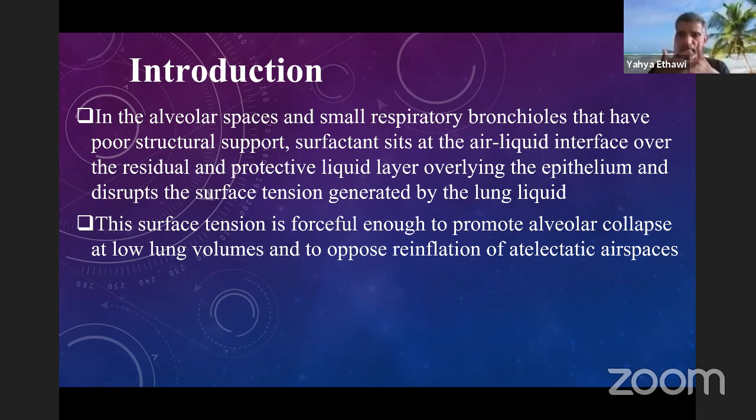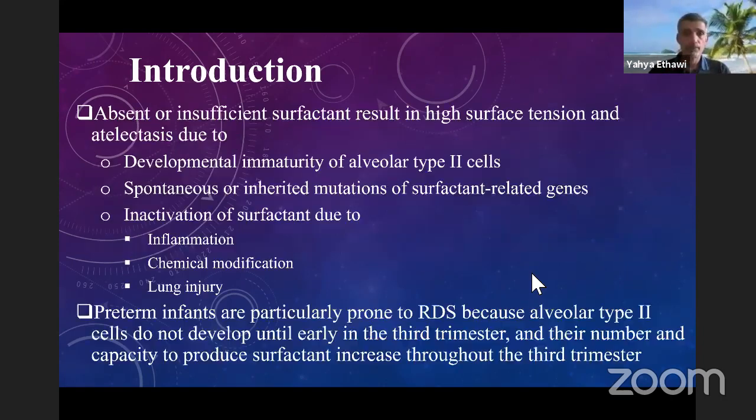And because of that, it prevents alveolar collapse. And if it's not available, there will be alveolar collapse, which results in small lung volume. So absent or insufficient surfactant results in very high surface tension and atelectasis.